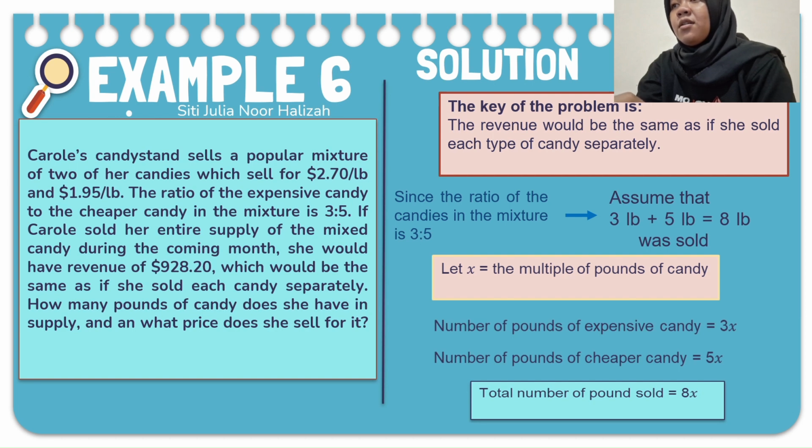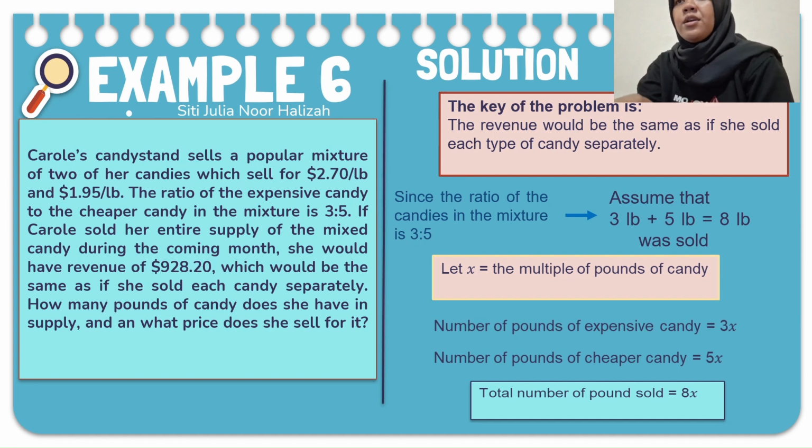If Carol sold her entire supply of the mixed candy during the coming months, she would have revenue of $928.20, which would be the same as if she sold each candy separately. How many pounds of candy does she have in supply, and what price does she sell it for?